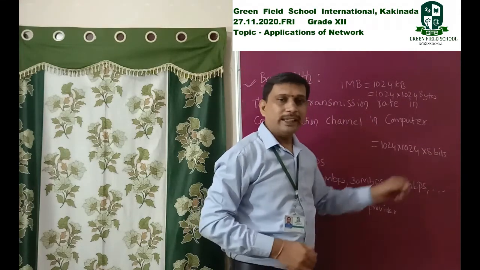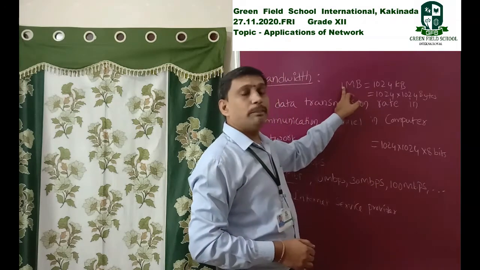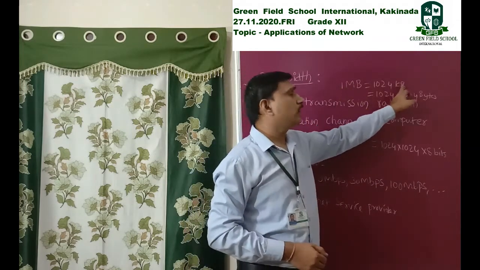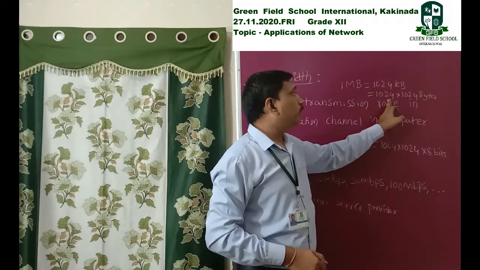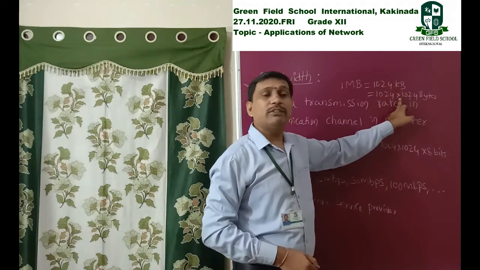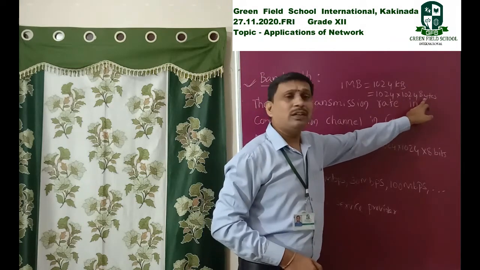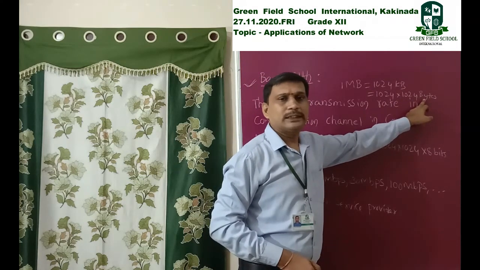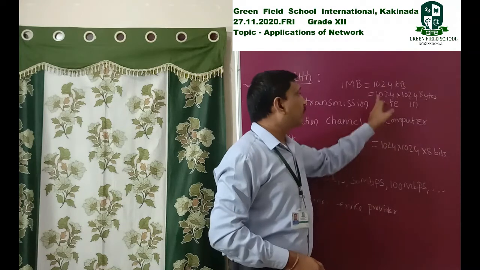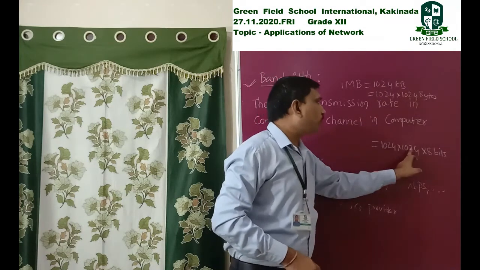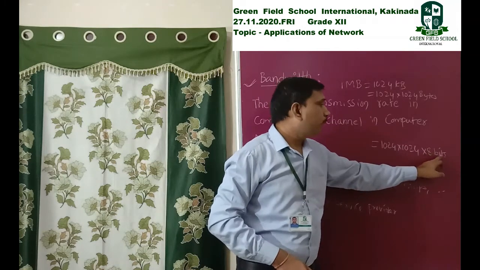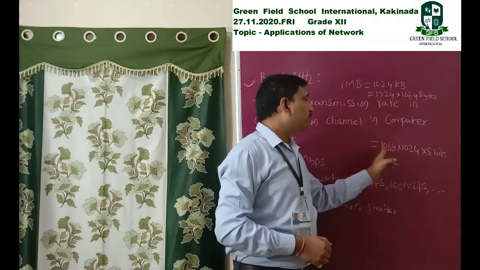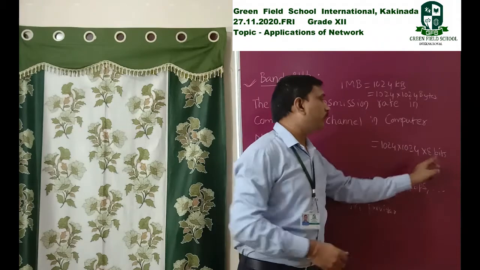That's why 1 MB is equal to 1024 kilobytes, that is 1024 into 1 KB. 1 KB is equal to 1024 bytes. Next, 1024 into 1024 into 1 byte, and 1 byte is 8 bits. So 1024 into 1024 into 8.